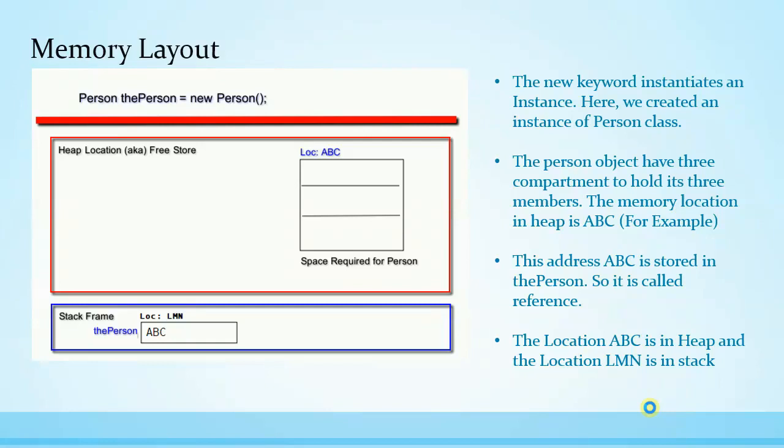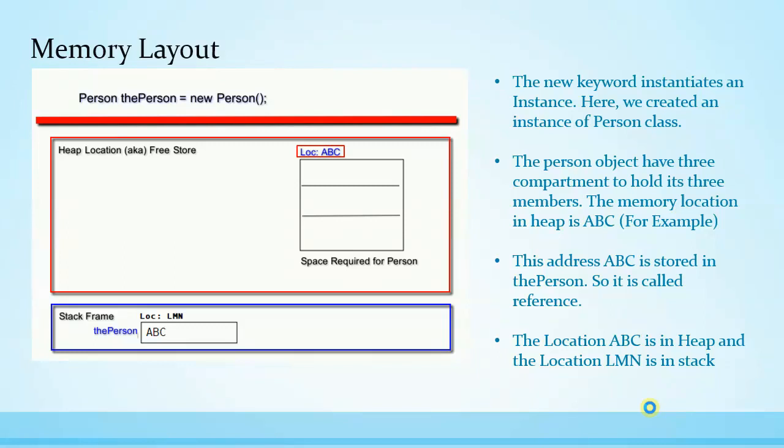So the top part here, the red box, shows the heap store, and the bottom blue box shows the stack frame. So there are two different segments. In the picture you are seeing memory with three slots to hold the three data members, and the location we are assuming as ABC.